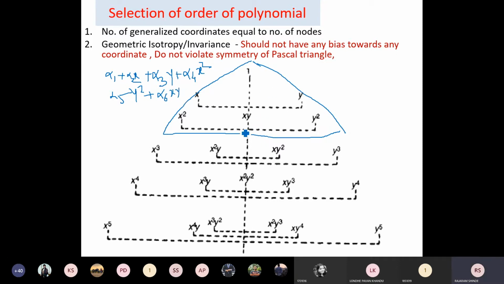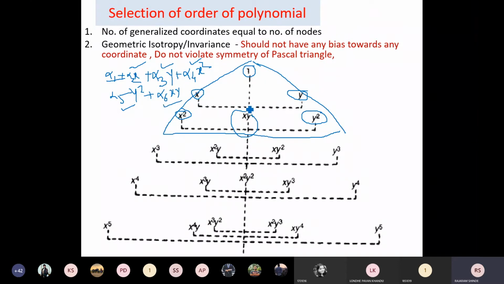Now you can see here, if we map this with the Pascal's triangle, here this is a constant term, that is your alpha 1. Next one, x is there, it is multiplier of alpha 2. Next, y is there, it is multiplier of alpha 3. X square, it is multiplier of alpha 4. Y square, it is multiplier of alpha 5, and xy, it is at center, it is multiplier of alpha 6.